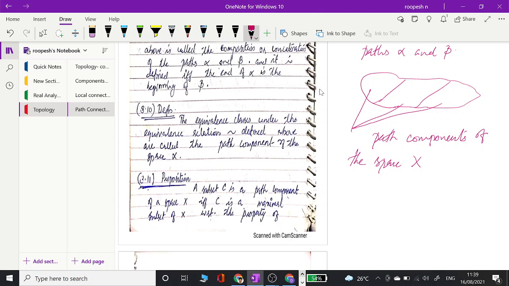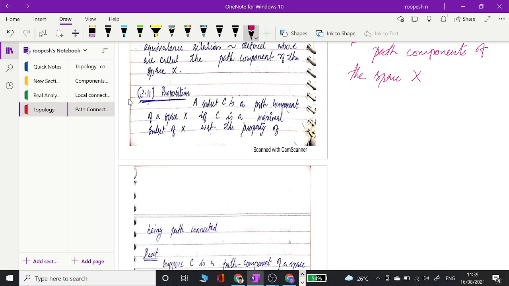Now we will have a proposition on these path components. A subset C is a path component of a space X if and only if C is a maximal subset of X with respect to the property of being path connected.